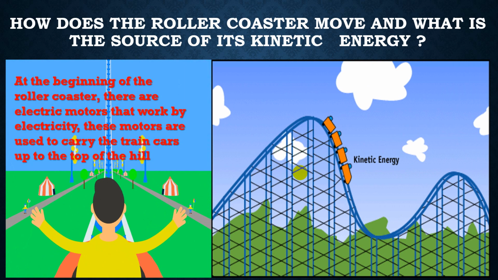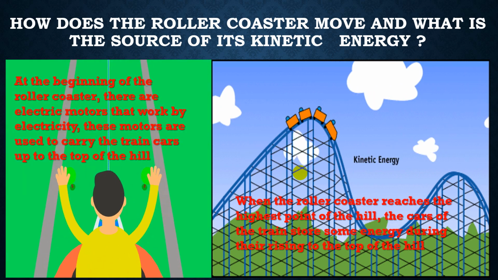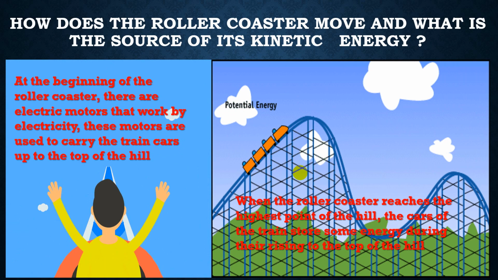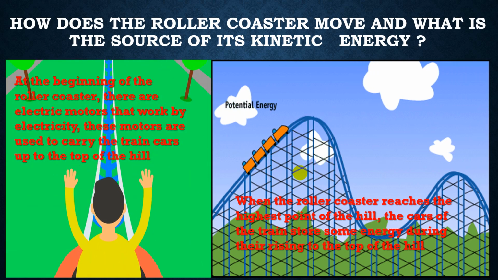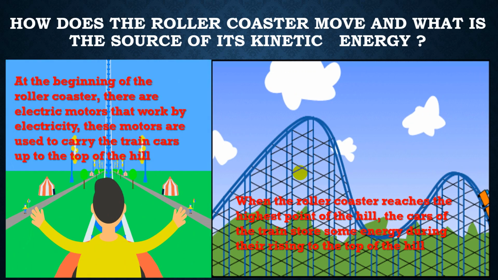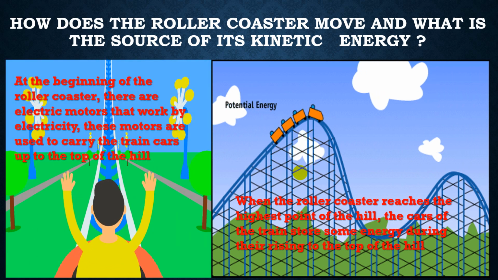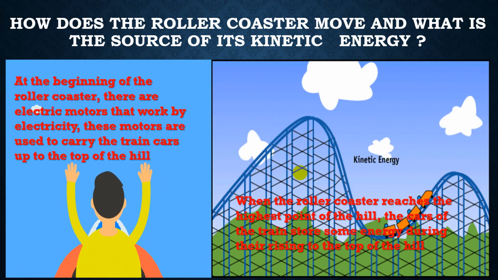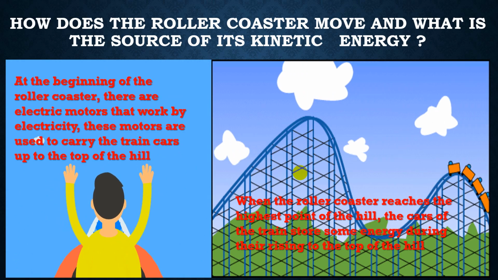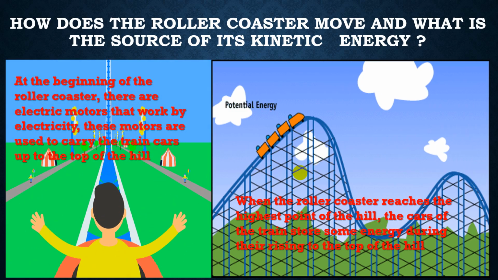Maybe to the top of a hill, for example. When the roller coaster reaches the highest point of this hill, the cars of the train store some kind of energy. Okay, so at the top of the hill of this roller coaster, the cars only store kind of energy.